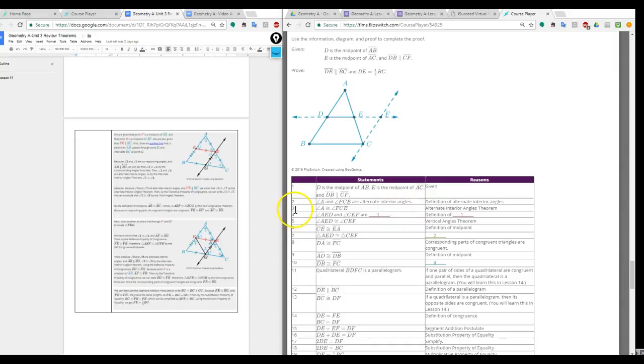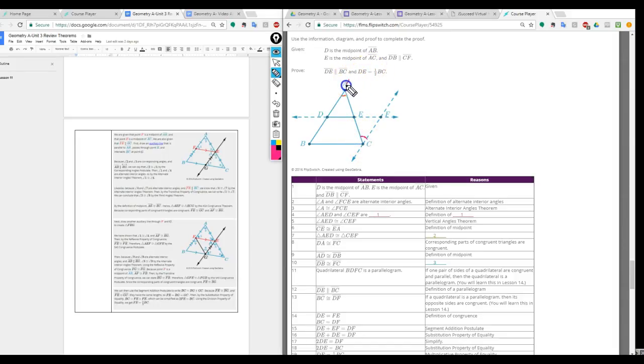Okay, so I'm going to start at statement 3. Angle A is congruent to angle FCE, right here.